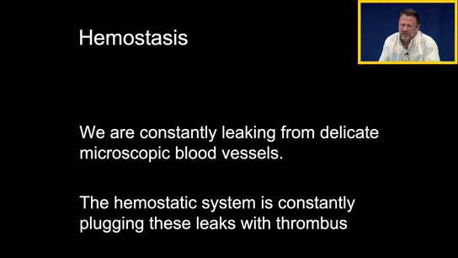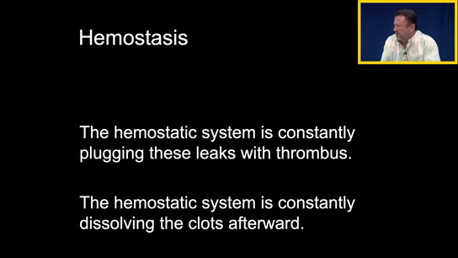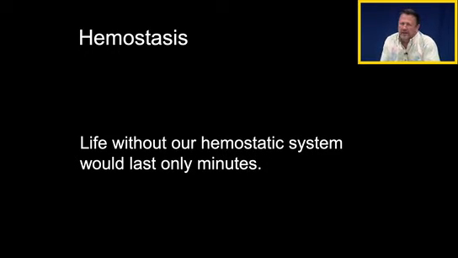And so the hemostatic system, the stop-bleeding system, is constantly plugging these leaks with blood clot, with thrombus, and then your body's constantly breaking down the thrombus once the leak has healed. And so this is going on all the time. And if you ever see somebody without a functioning hemostatic system, they don't live very long. They'll bleed out very, very quickly. And so our hemostatic system is essential to living past the next few minutes because this system is always working.